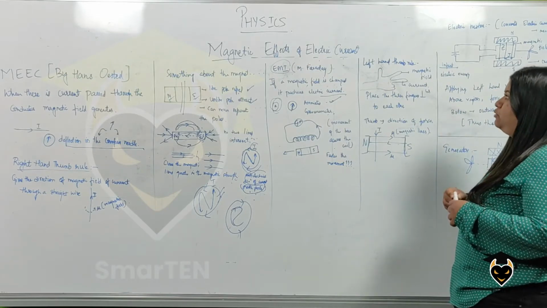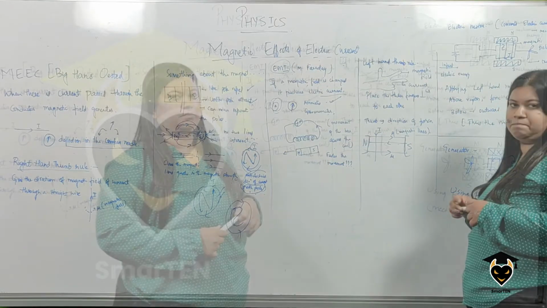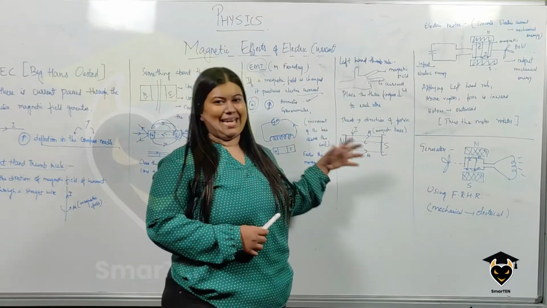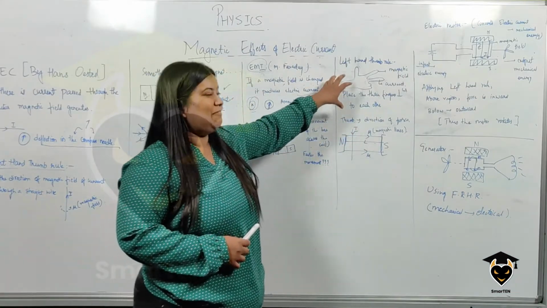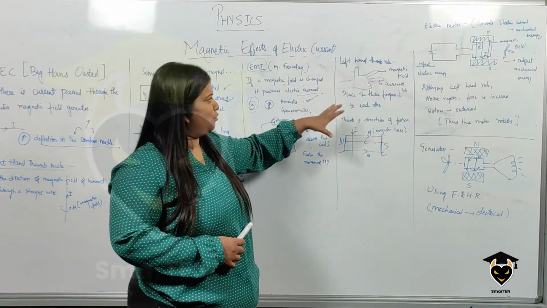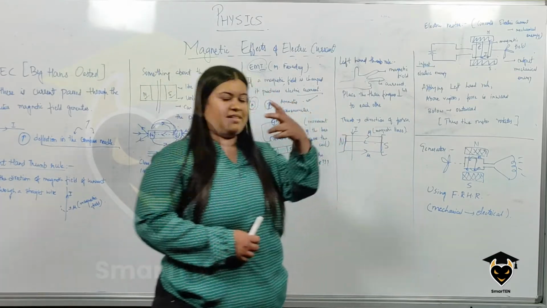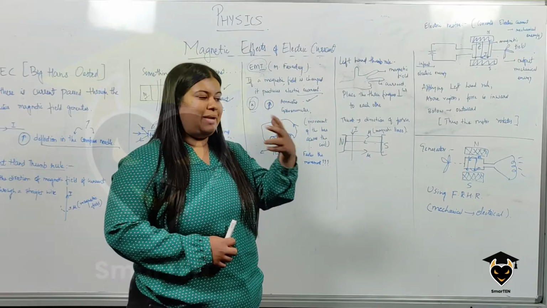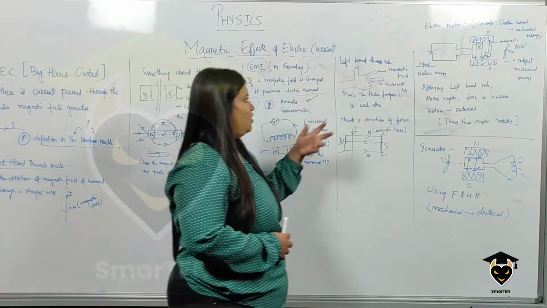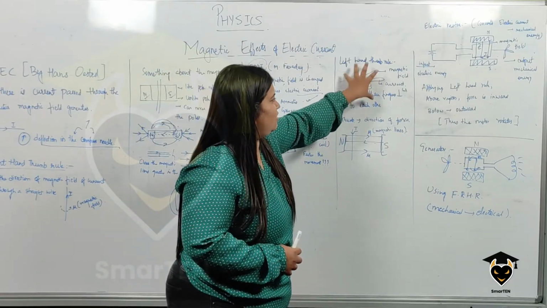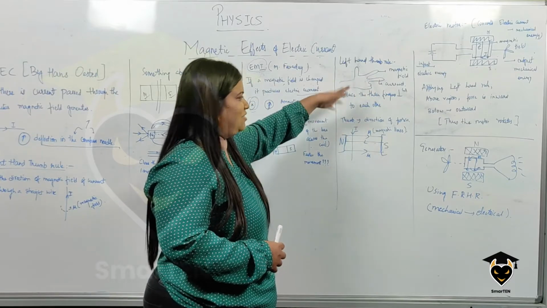Let's next come to the left hand thumb rule. Similar to the right hand rule, we have something called the left hand thumb rule. Let us just go through this briefly. You have to take the first 3 fingers of your hand and place them perpendicular to each other. This is not an actual diagram, but let us just manage with that.